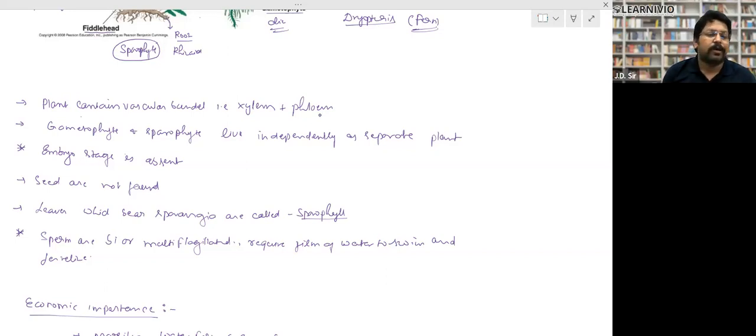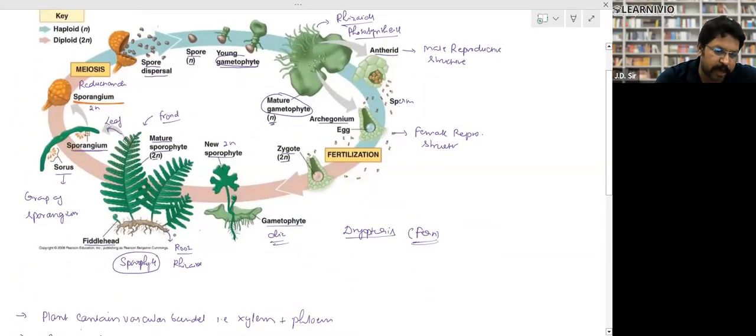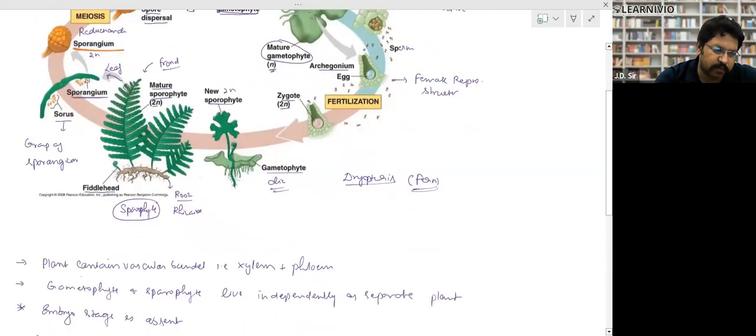Please start noting. This is the representative of pteridophyte. Look, you can see it looks like a plant. They are called fern, and they are found in mountainous regions like Uttarakhand, Himachal.